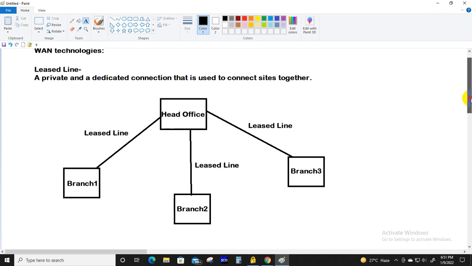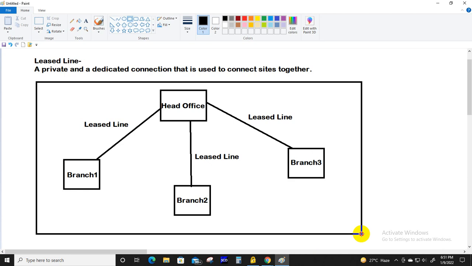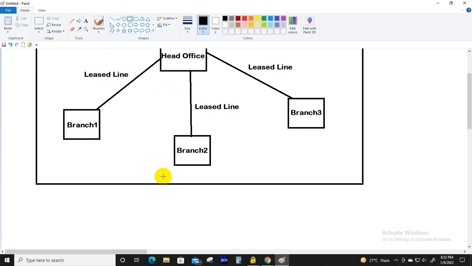If you consider this particular topology, this topology also looks like a star topology, where head office is the central device and branches are other devices connected to head office. But in WAN, the star-like topology is known as hub and spoke topology.